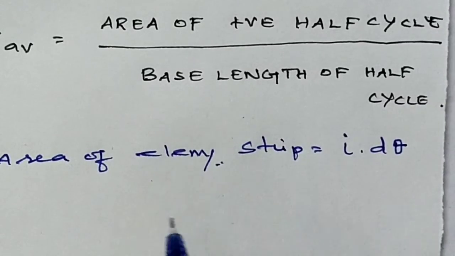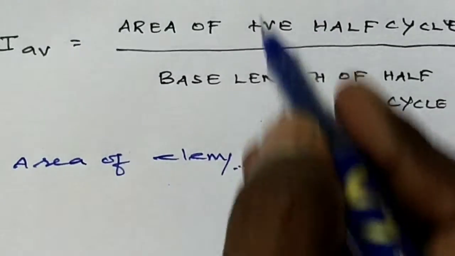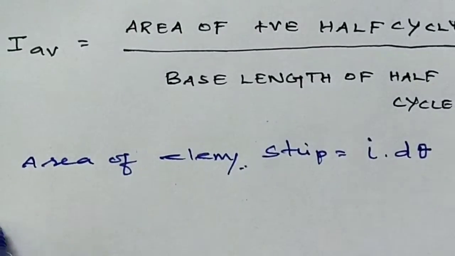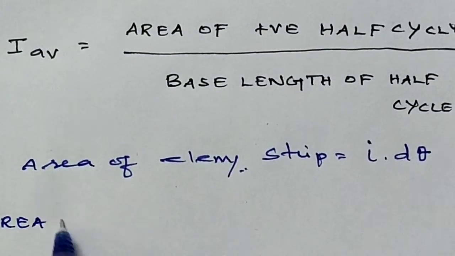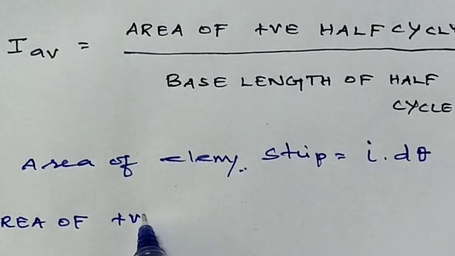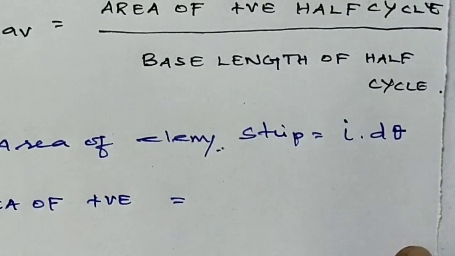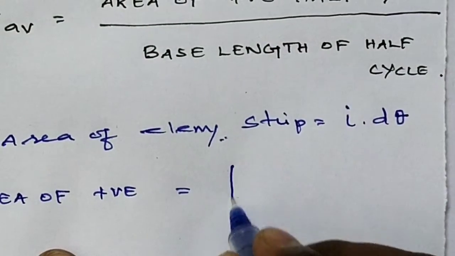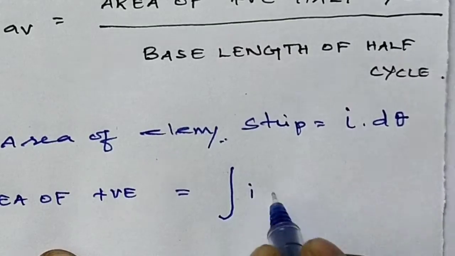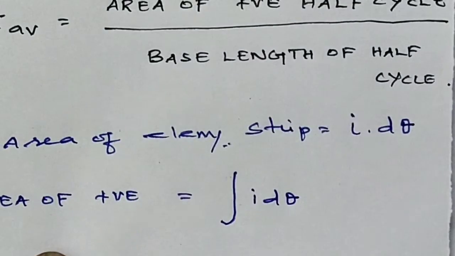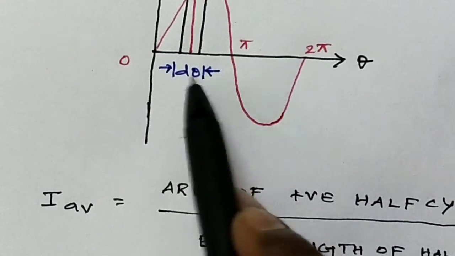Now moving to the area of the positive half cycle, we can write it as the integral of I d theta, and the limits are 0 to pi.